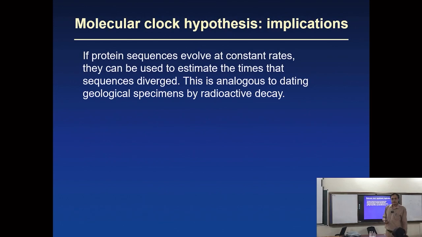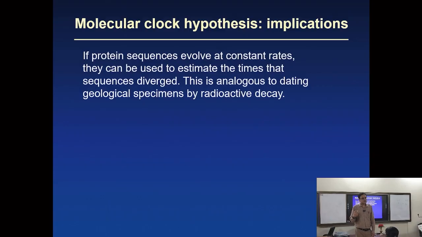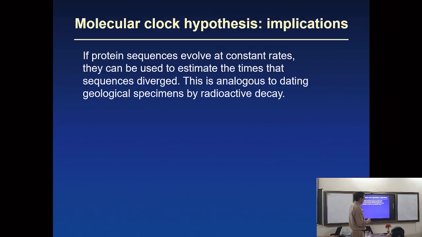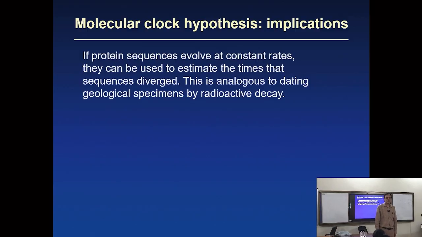I would like you to try timing the evolution of plants and animals. I have given you that 1% change happens in 20 million years, and you have to let me know when plants and animals shared their common ancestor.